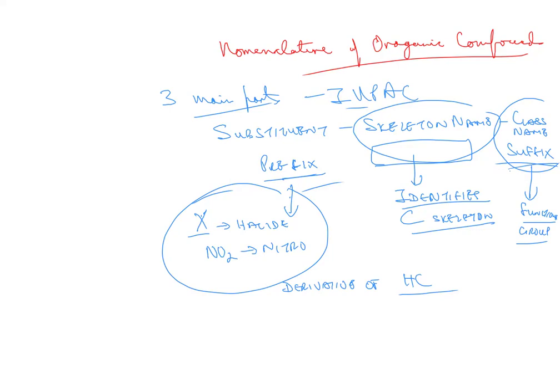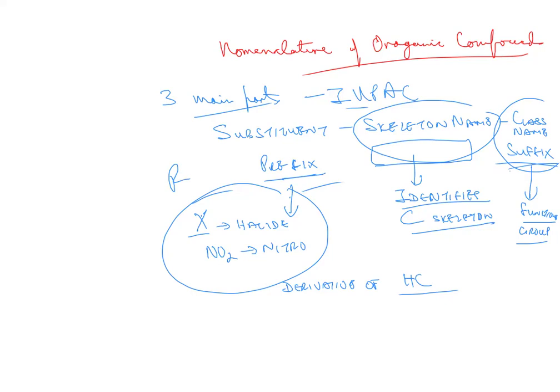Now for identifying which one we are going to put as the suffix, say we have two functional groups. Then one would be the priority group. In the order, one would be higher. So we put that as the suffix, and the other one we use as a substituent. So a substituent could be any R group. R means alkyl group.